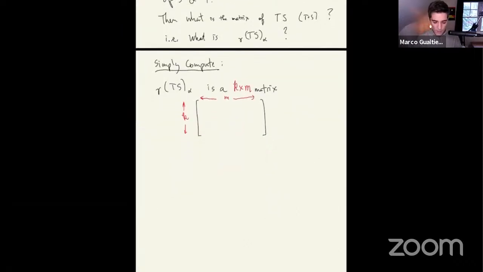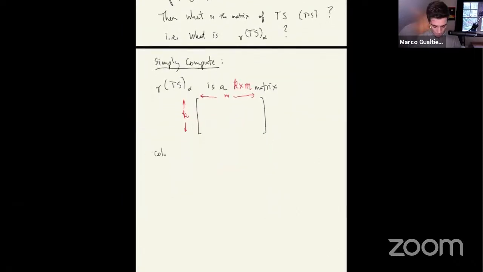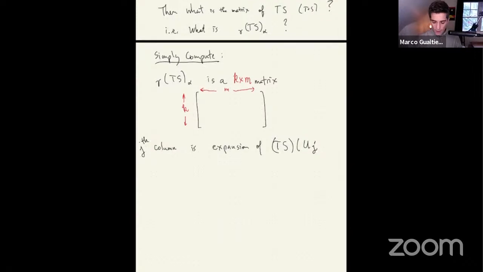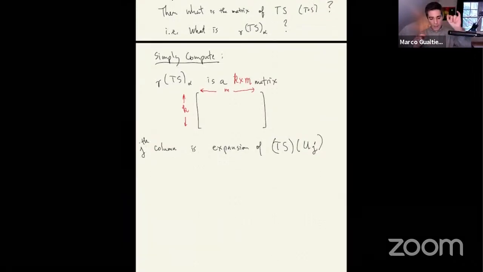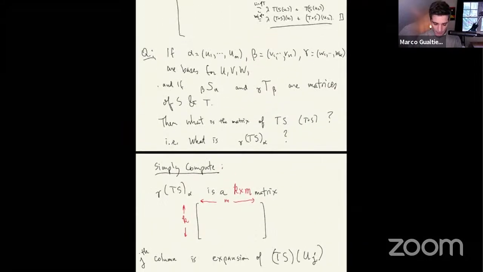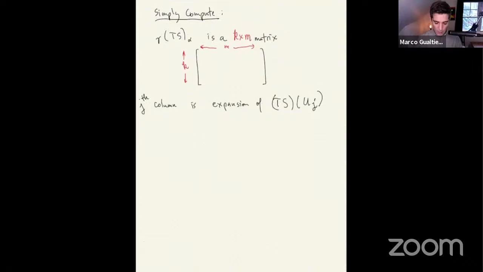Okay, and the columns are the expansion of TS of Uj. The jth column is the expansion of TS applied to the jth basis element. Remember, alpha is the U basis.